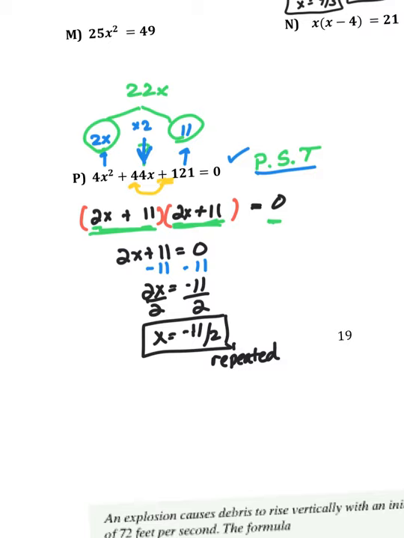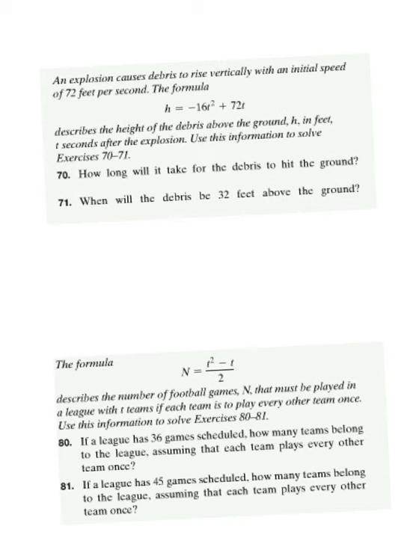All right, so I hope that's been helpful. Let's do one application problem to get you situated with an application you might see in this section. An explosion causes debris to rise vertically with an initial speed of 72 feet per second.